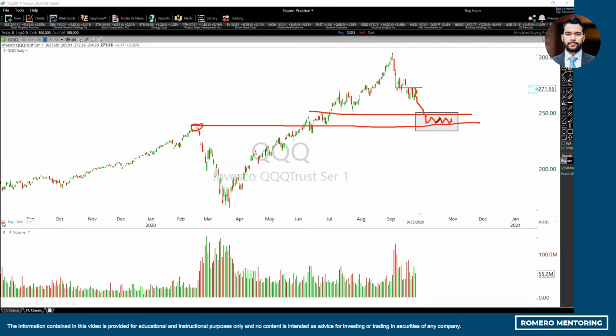I think that there is a 60% probability that the Qs will come to this point right here, and a 40% probability that we might probably continue higher. So I'm in the camp because of election, because of a weak economy, and several sectors of the economy being an anchor to the overall market, like the restaurant industry, like the airlines, like energy, like the travel and tourism industry.